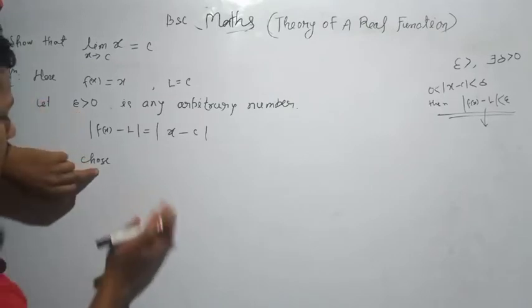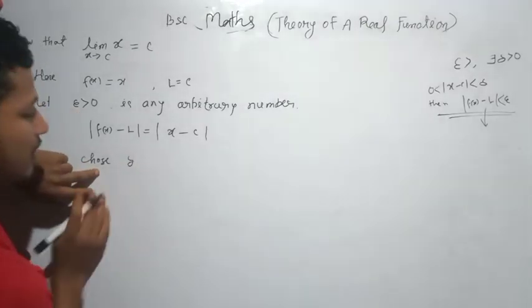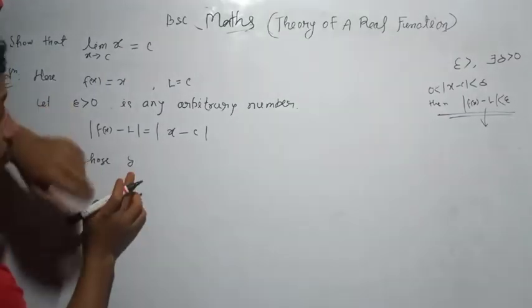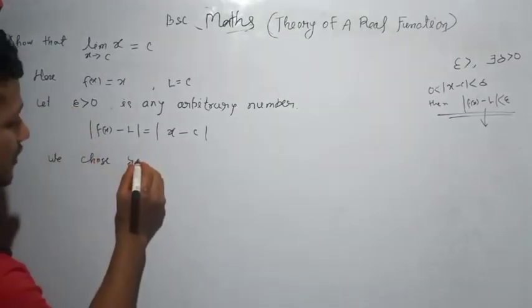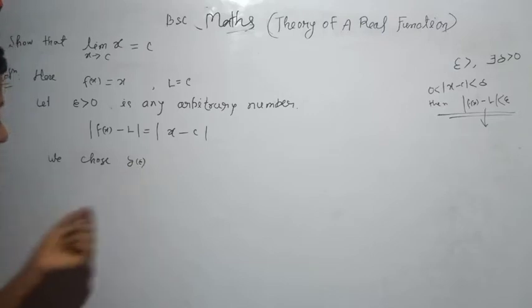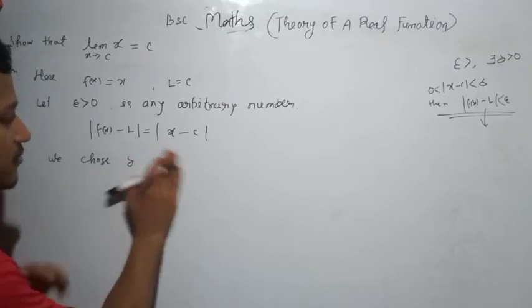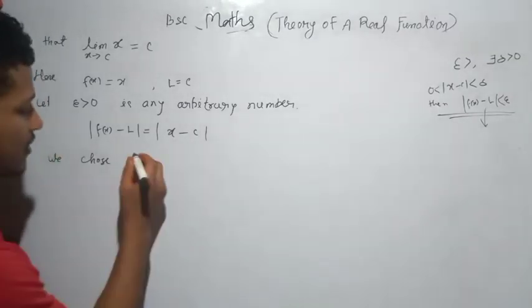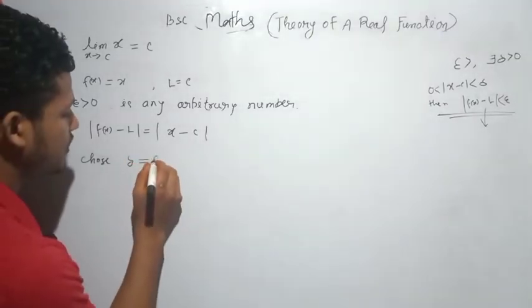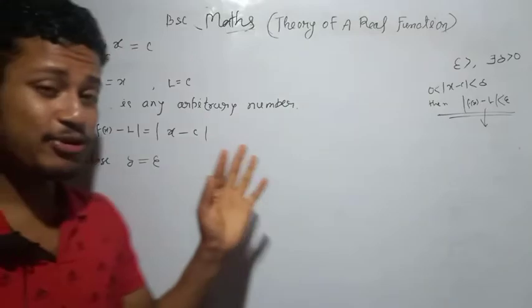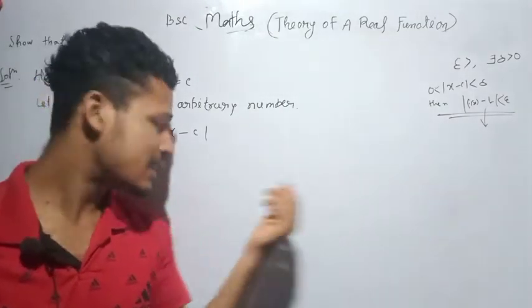We choose delta for this epsilon, that is delta of epsilon, depending on epsilon. We choose delta equal to epsilon. If you give me epsilon equal to 5, then delta is equal to 5.